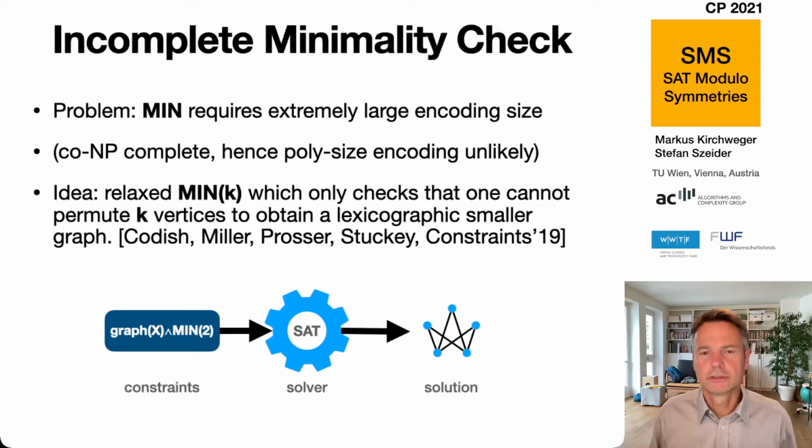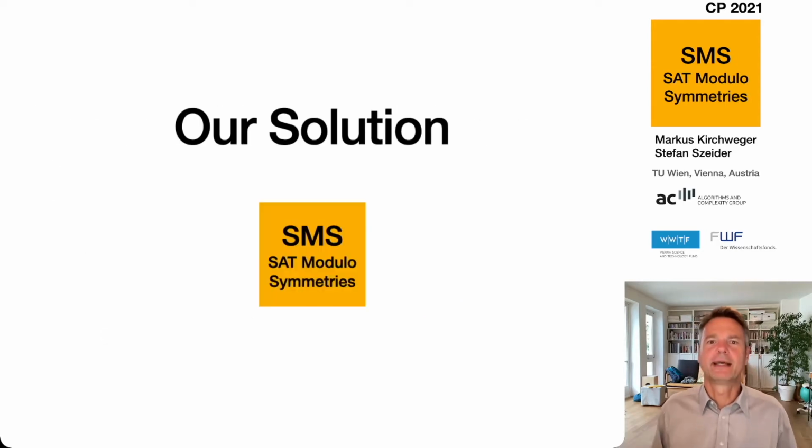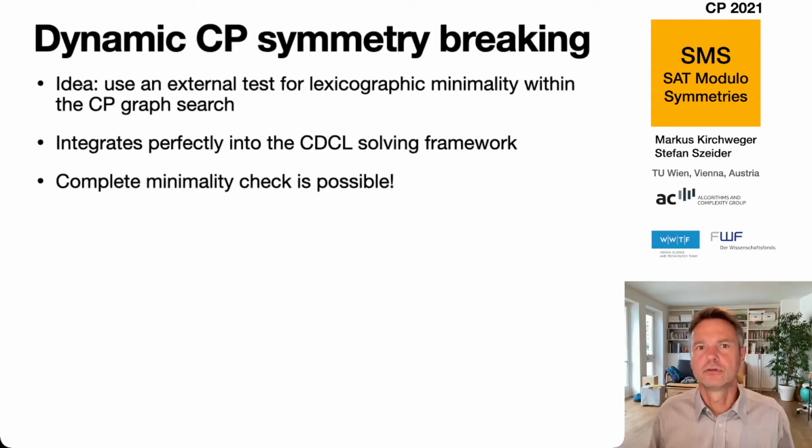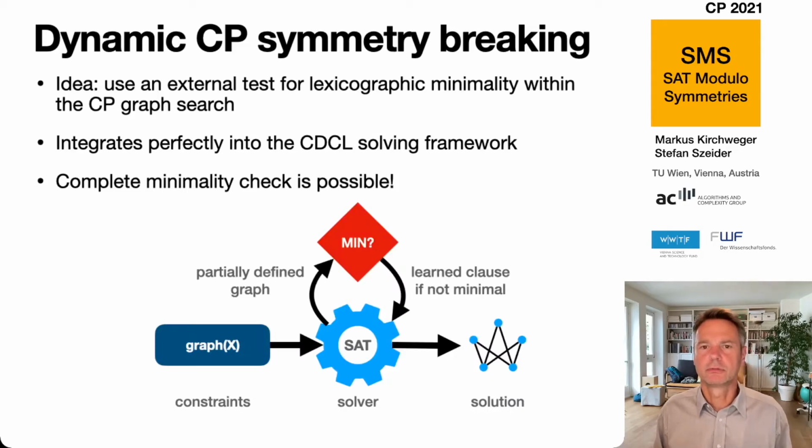Now our approach is called SMS, SAT Modulo Symmetries, to still get a complete minimality check in the solving process. The idea is to use an external test for lexicographic minimality within a CP or SAT-based graph search. This check integrates perfectly in a CDCL SAT solving framework, and here even a complete minimality check is possible.